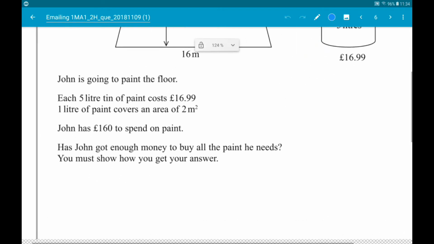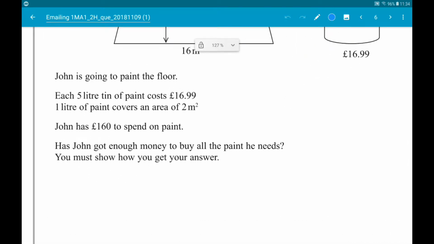We can now say then that 1 tin covers 10 metres squared. Okay, and then next up, John has £160 to spend on paint. Has John got enough money to buy all the paint he needs? You must show how you get your answer.